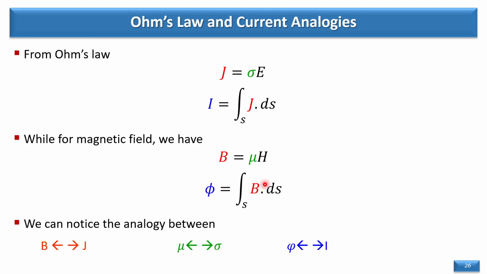Flux phi equals the integration of B over open surface S. So easily you can see the analogy between I and phi, J and B, sigma and mu, E and H. So there is a good analogy, and when we have an analogy, we can use it in solving problems. We can model magnetic circuits, as we're going to see, as electric circuits, and then apply all the electric circuit laws that we are familiar with.